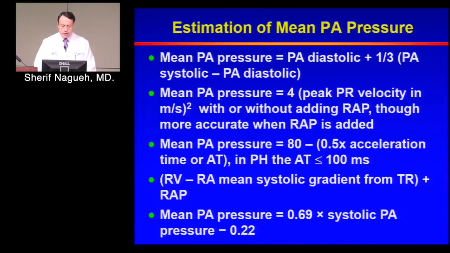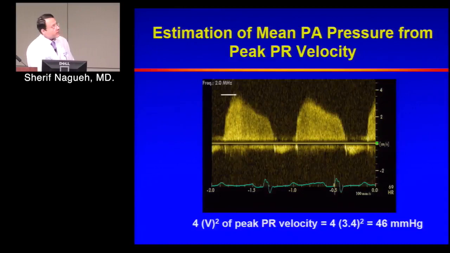Another approach to report mean PA pressure is to look at the peak PR velocity. So it is this one. The end diastolic is for PA diastolic pressure. The peak velocity of the PR signal is what you use for mean PA pressure. And it could be as simple as 4V squared.